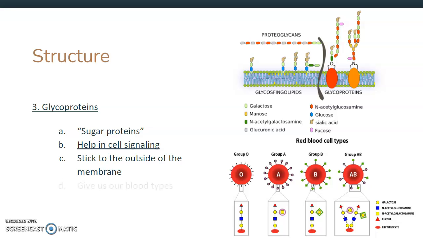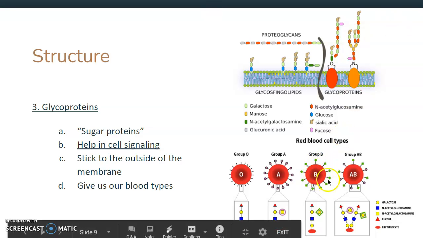So we can see this in our blood types. It's a great example when we talk about different blood types, and some of you may know your blood type as either group O, A, B, or AB. And all that's saying is these glycoproteins on the outside of our red blood cells are a little bit different.